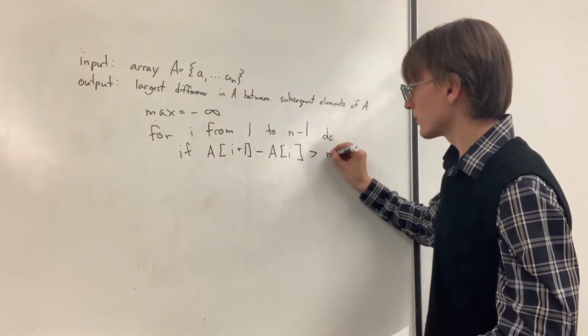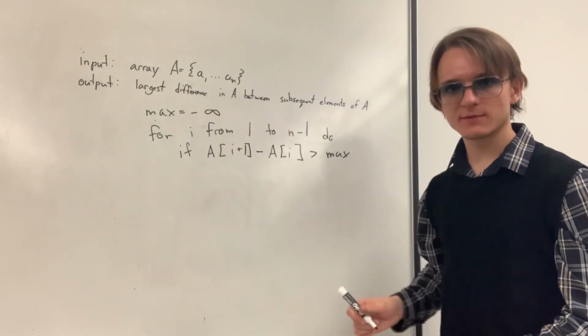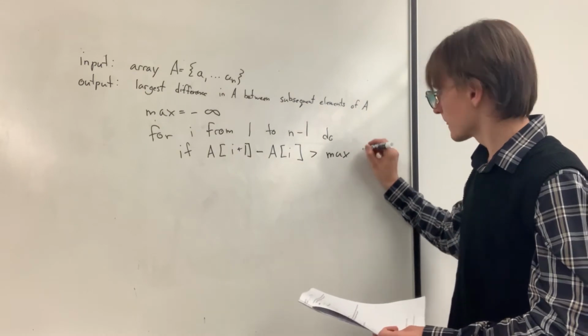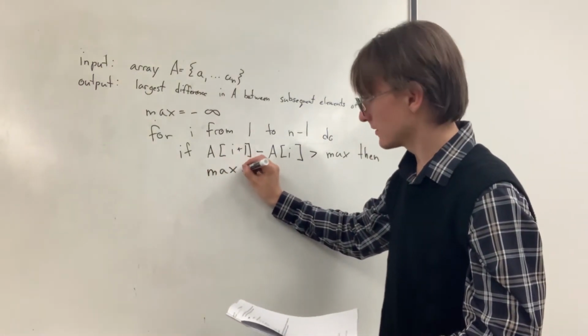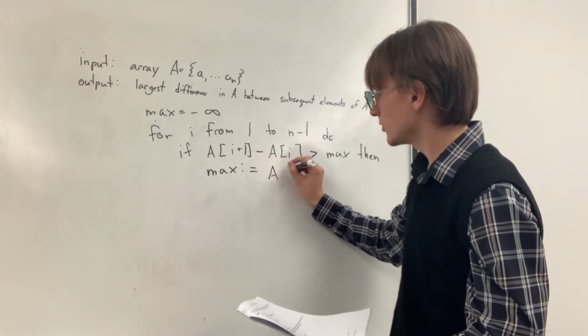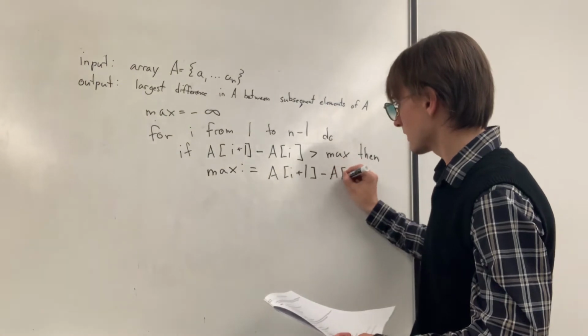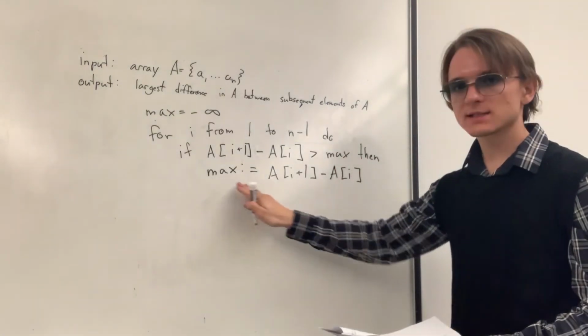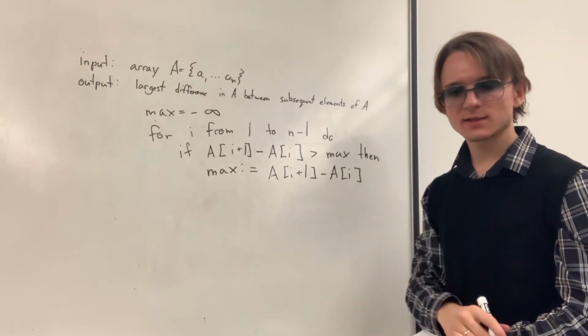And if this is greater than max, at the first loop it certainly will be, with max being negative infinity, then we do the following. Max is updated. It becomes equal to A of I plus 1 minus A of I. Max is now the difference between one element and the next element in the sequence.